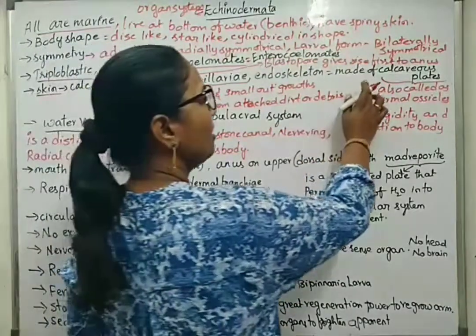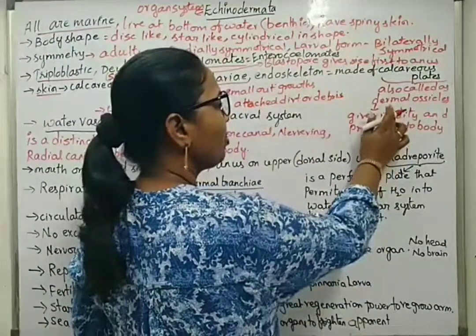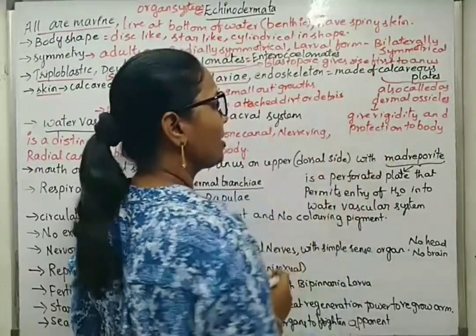Please note down that the endoskeleton is made up of calcareous plates, also called dermal plates, that give rigidity and protection to the body.